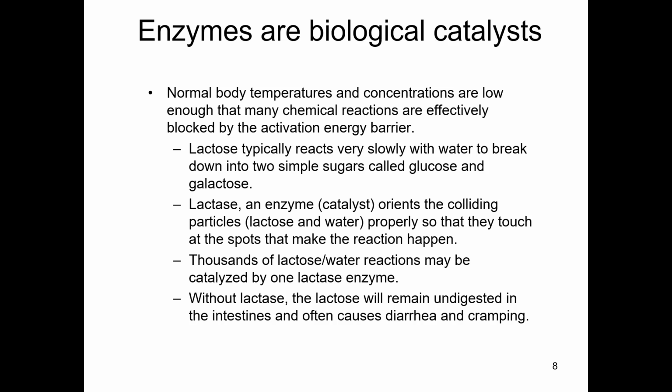Lactose has two halves to it, a glucose and a galactose half. If you want to absorb this lactose in the small intestine and move it into the bloodstream, lactose needs to be split into its components, glucose and galactose. This splitting activity comes from the enzyme lactase. So this is a catalyst.